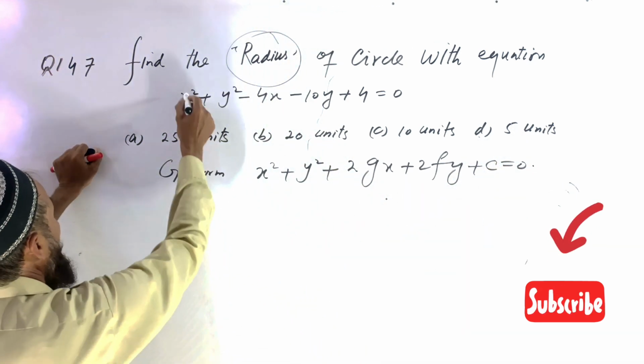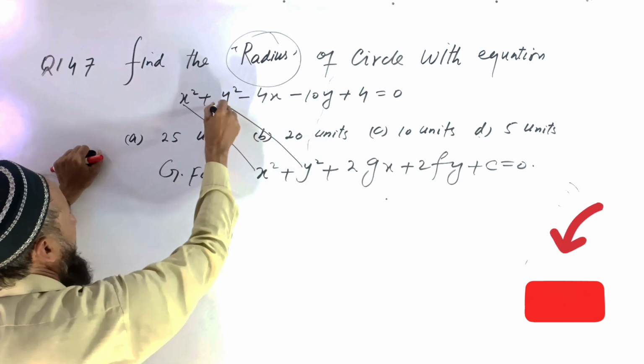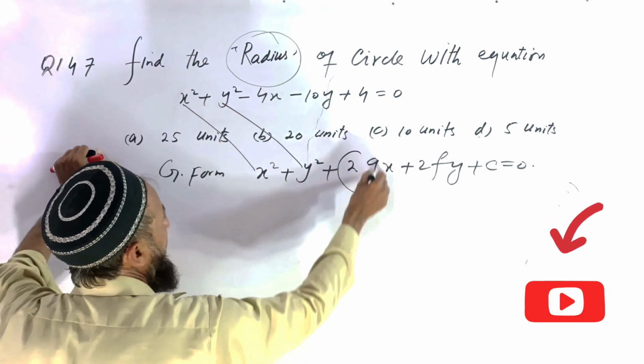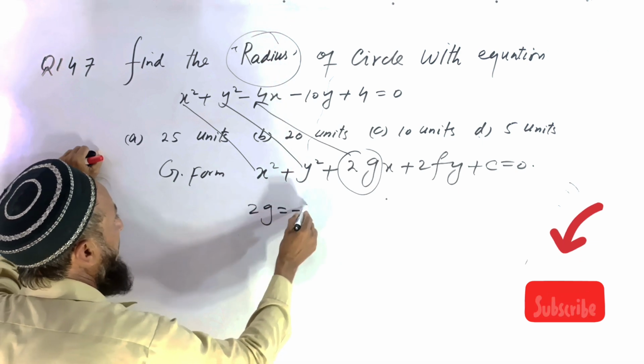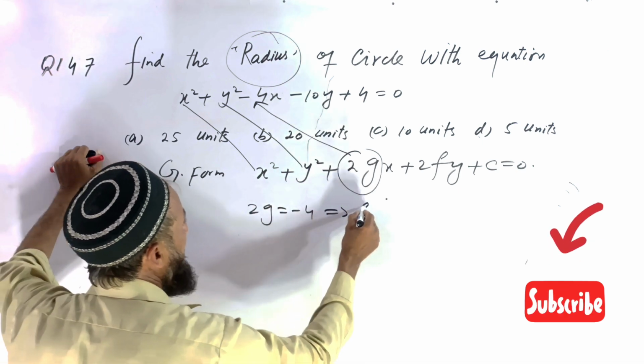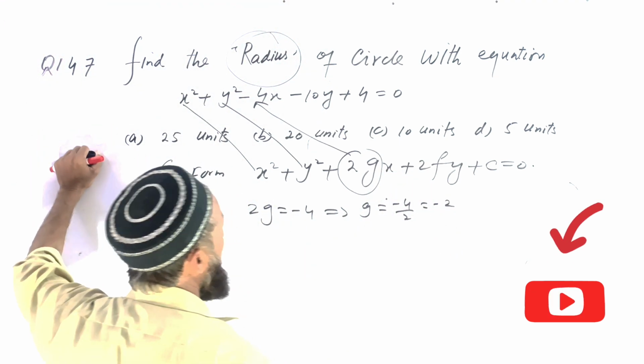If we compare, look here, x square and x square are the same, and y square are the same. The value of 2g is equal to minus 4. If we divide both sides by 2, we get minus 2.